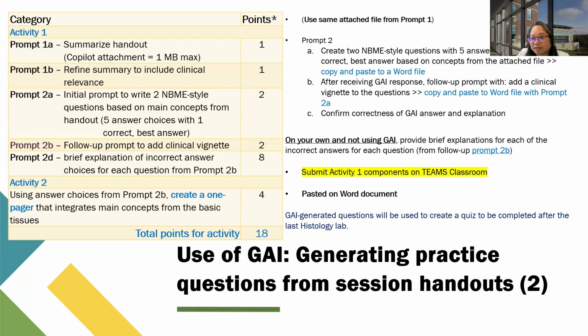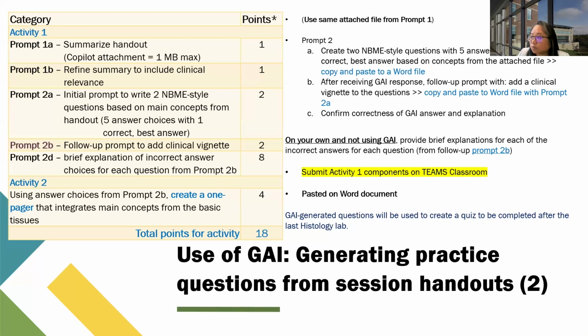And this is where, again, the independent learning comes into play. The students look at the questions that were created, look at the answers, and confirm the correctness of the response provided by the AI tool and the explanation of that response.